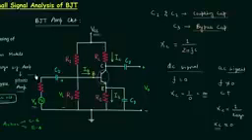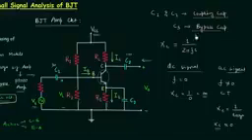The DC signal from this side and the DC signal from this side will see C1 as infinite resistance and C2 as infinite resistance, and they will not interfere with VCC, and the operating point will remain constant. And as they are coupling the previous stage and the next stage, we call them coupling capacitors.